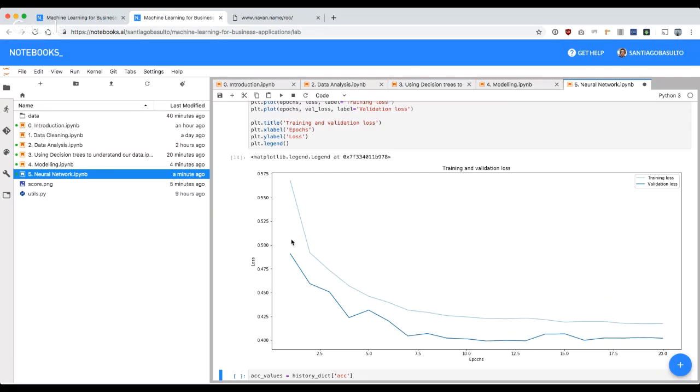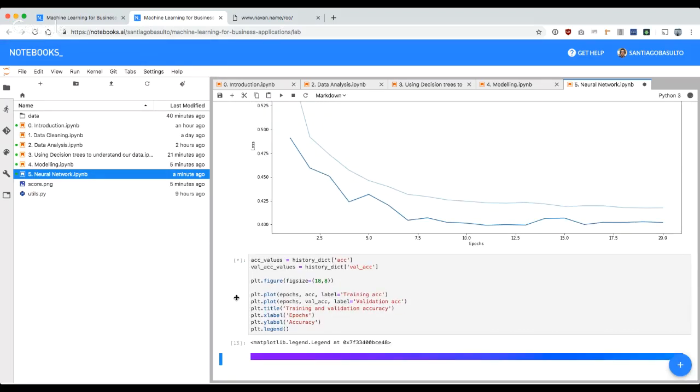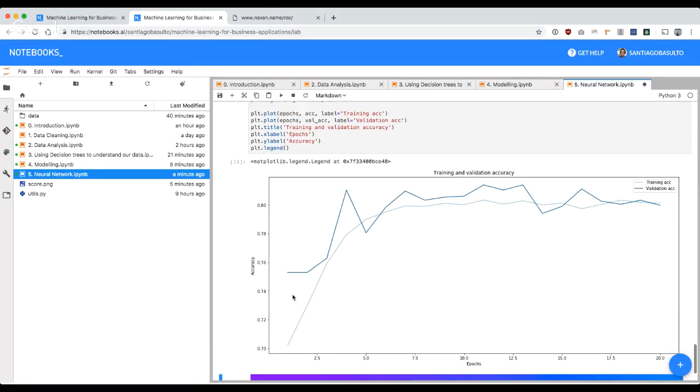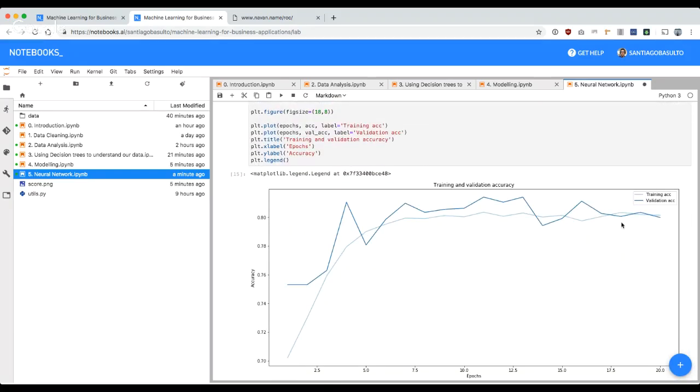Okay, so when we increase the number of training epochs, we will change the accuracy of the model. This is something that we always have to check against the overfitting capabilities of it. Finally, I have another chart that is also showing the accuracy. The previous one was loss. In this case, it's going to be the accuracy.